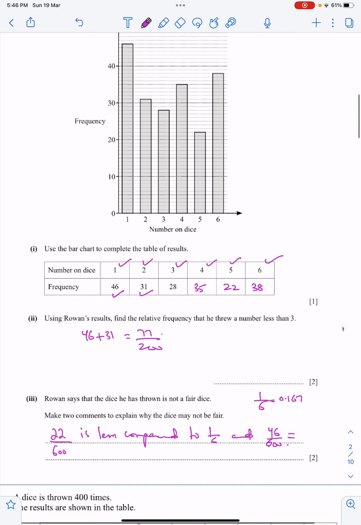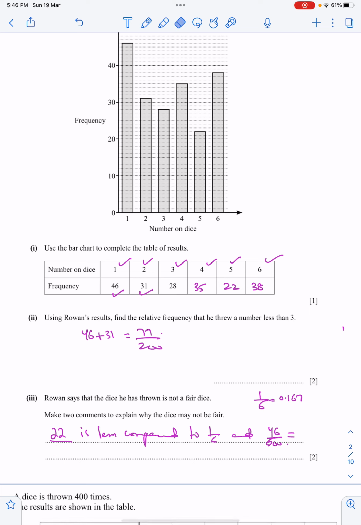Sorry, the total frequency is 200. Let me correct this: 22 upon 200 and 46 upon 200. 22 upon 200 is around 0.11, and 46 upon 200 is 0.23. So this is more.